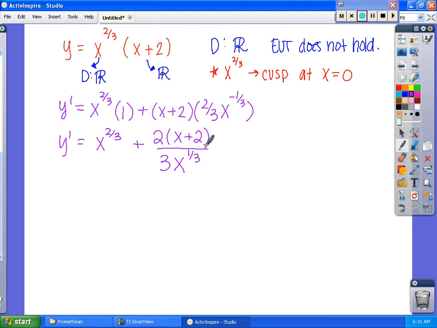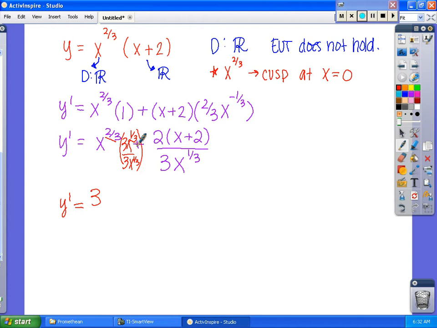It just makes a lot more sense to do that so you can see that you have a fraction plus something else. And remember I said, so that you can do your sign charts properly and solve for 0 and undefined, you want to have only one fraction. So I'm going to multiply this term by x to the 1/3 over x to the 1/3. So I get 3x to the 2/3 times x to the 1/3.